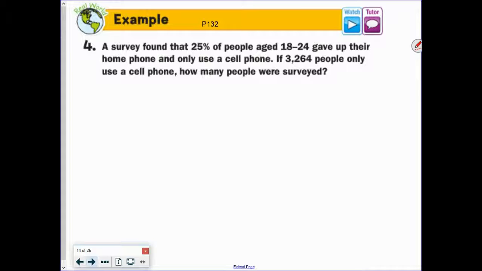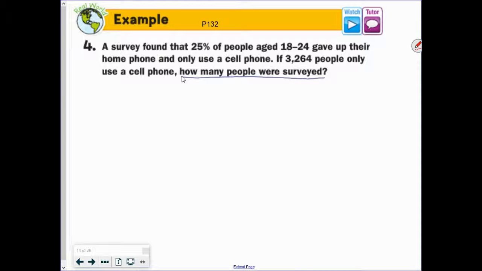It says a survey found that 25% of people aged 18 to 24 gave up their home phone and only use a cell phone. If 3,264 people only use a cell phone, how many people were surveyed? So it's always a good idea to first look and ask what the question is. It wants to know here how many people were surveyed.